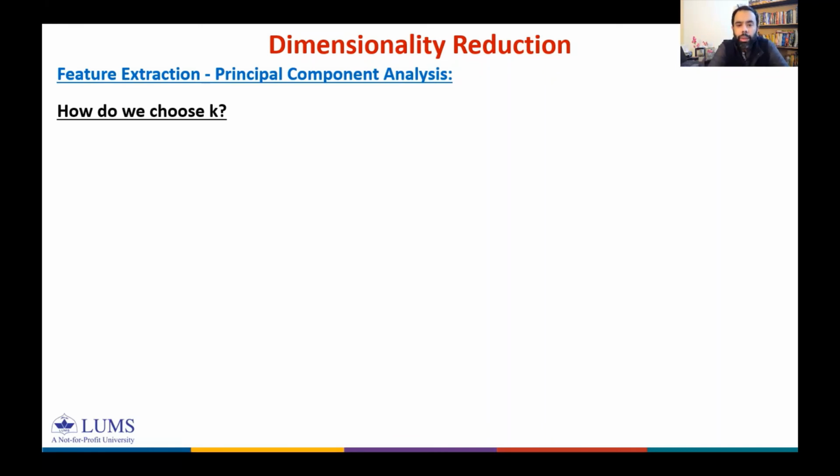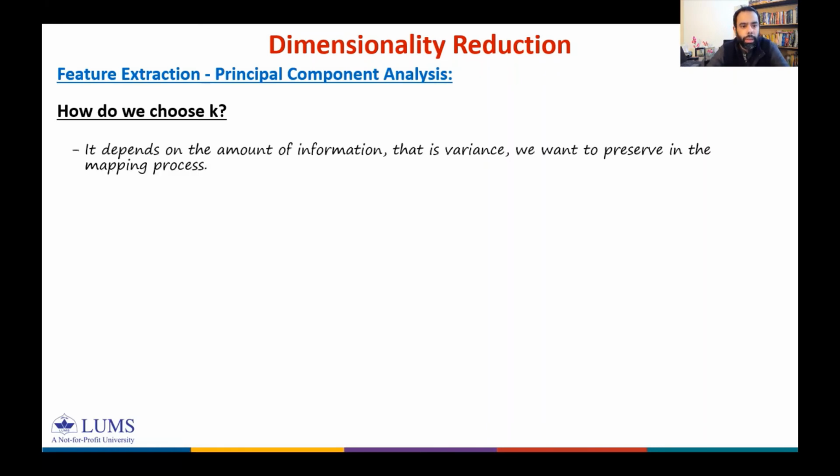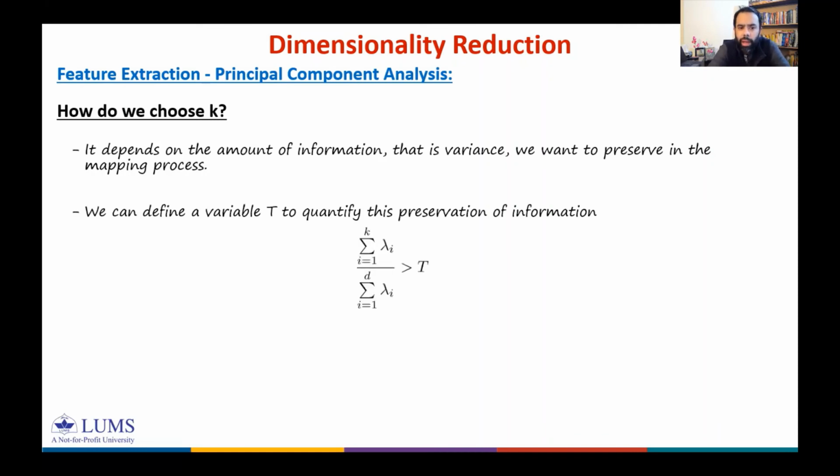In fact, we can use the eigenvalues of the covariance matrix to quantify the amount of information loss. So we define a variable capital T to quantify the preservation of information in the mapping process, right?